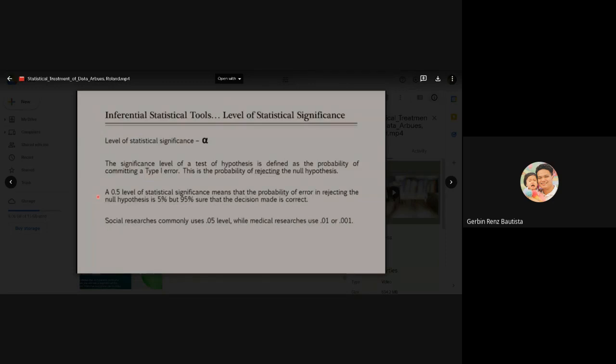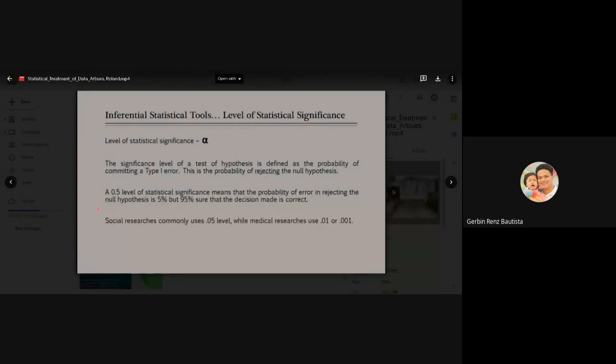In other words, an obtained result that is significant at the 0.05 level could occur by chance only 5 times in 100 trials. The 0.01 level means that an obtained result could occur by chance only once in 100 trials. The 0.001 level means that an obtained result could occur by chance only once in 1,000 trials.